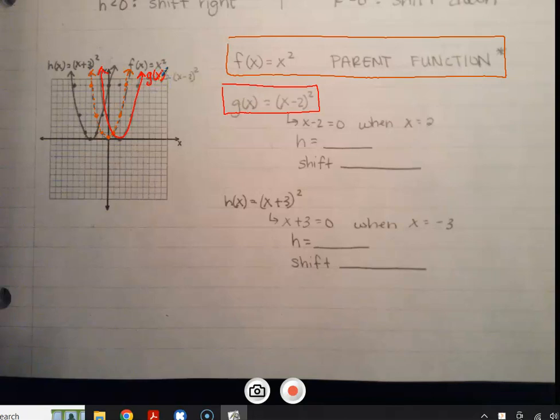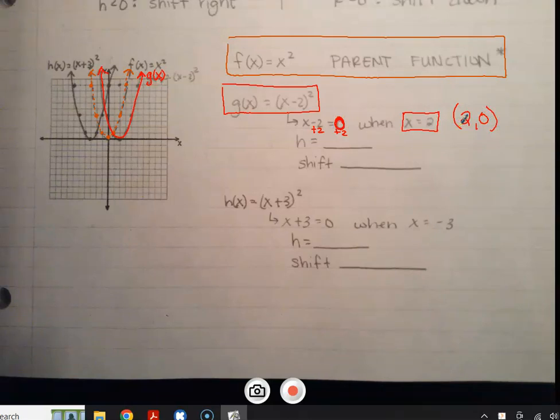All right, so just like when solving, if we look at this g of x function, we want to set the function equal to 0 to solve for it. So if I was solving, I would have to add 2 to both sides. So we get x minus 2 equals 0 when x equals 2. So my x value here is 2, and my y value is the 0 that I set it equal to.